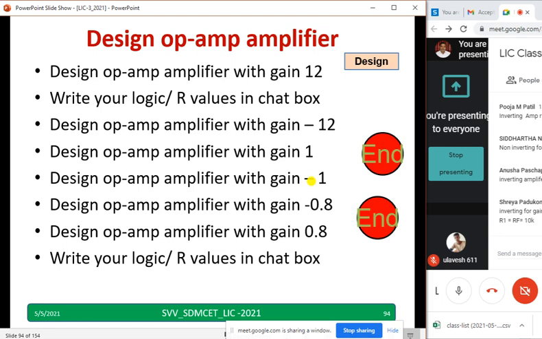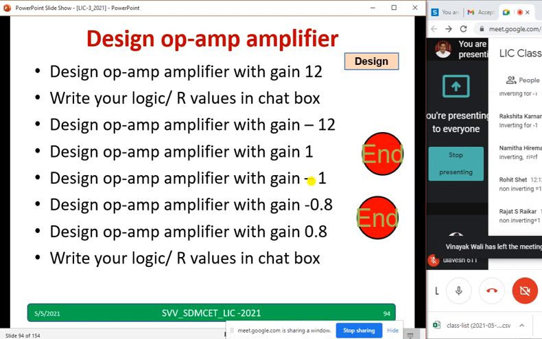Hardly 3 words is enough to explain how you are going to do it. And Rakshita is typing inverting for -1. No, you are supposed to type the way Shreya has typed. It can take another few seconds, and please try to do it for any one. Okay, everybody is typing now. Please type non-inverting equal to 1 means what?